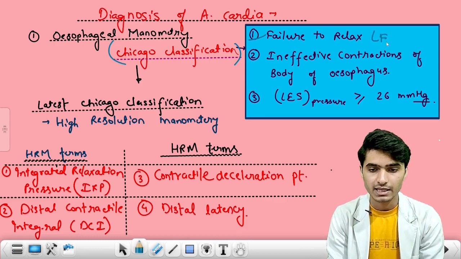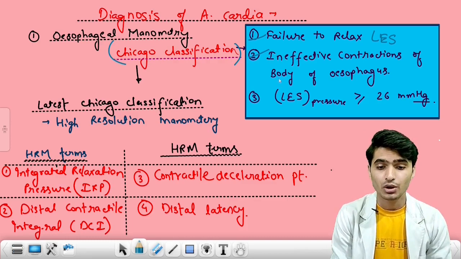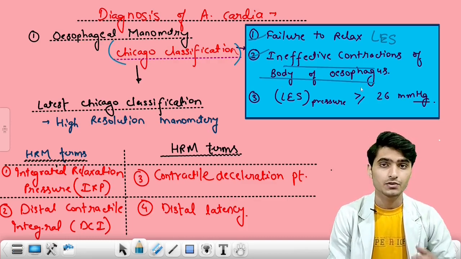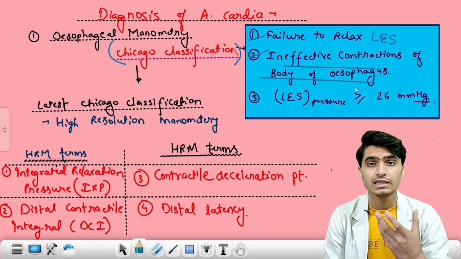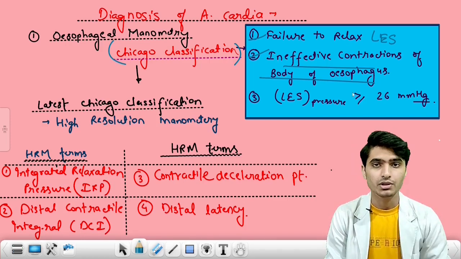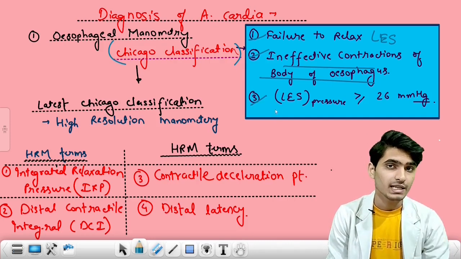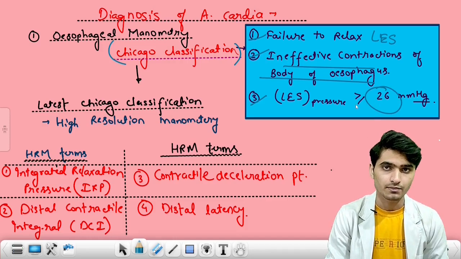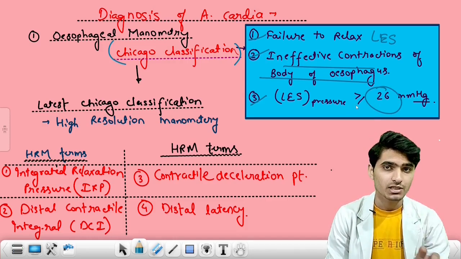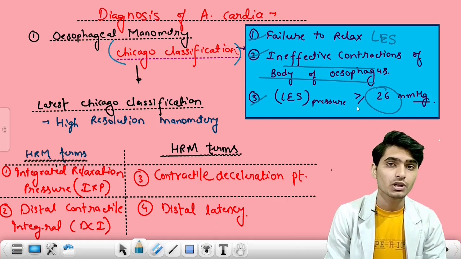The second criterion is ineffective contractions of the body of the esophagus, so that peristalsis is not evident and the esophagus is more commonly dilated because of the lodgement of foodstuffs. The third criterion is the pressure of the LES, which is more than 26 mmHg.